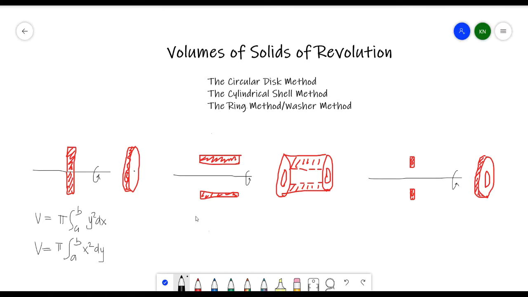For the equation of the volume of the cylindrical shell, if our strip is vertical, V is equal to 2 pi integral from a to b of xy dx.